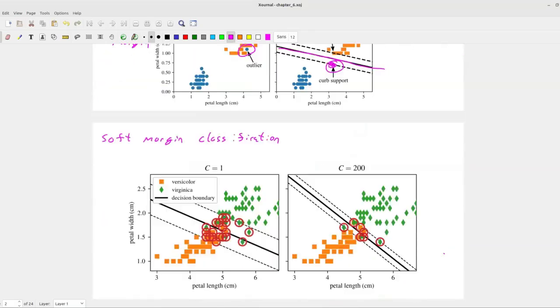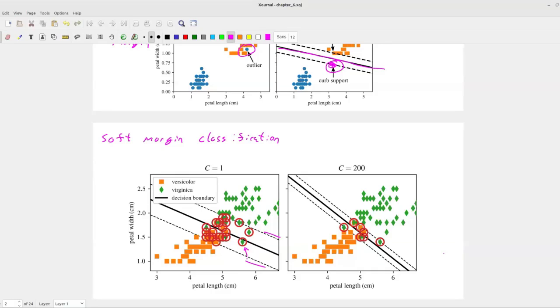So now let's go and look at the versicolor and Virginica. And so what I've got here are my decision boundary, which is the dark black line, and my dashed boundaries, which are going to be my curbs here and here. And then I have a number of things that are either incorrectly classified or things that are inside my margin.